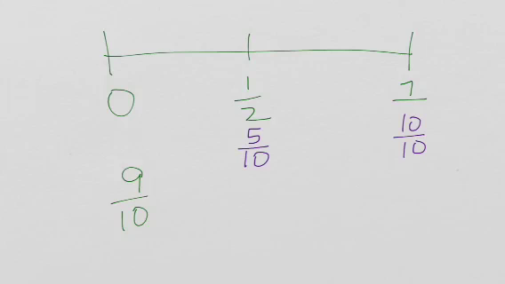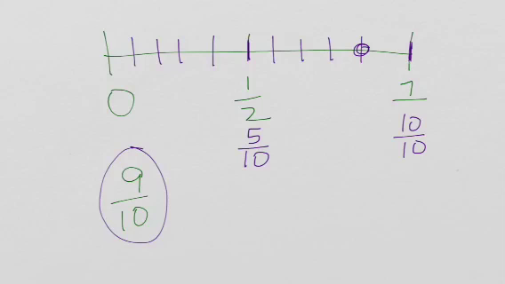So, I would have 1, 2, 3, 4, 5, right? That's my halfway point. 6, 7, 8, 9, 10. So 9/10 would be here. So looking at my three choices, 0, half, or 1, 9/10 would be closer to 1. So 9/10 is about 1 whole.